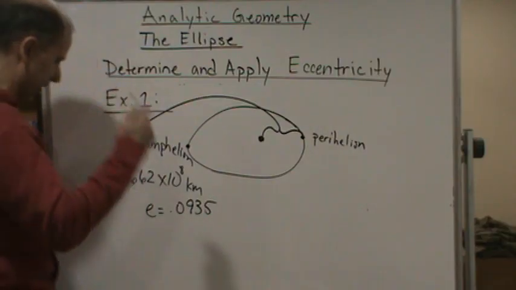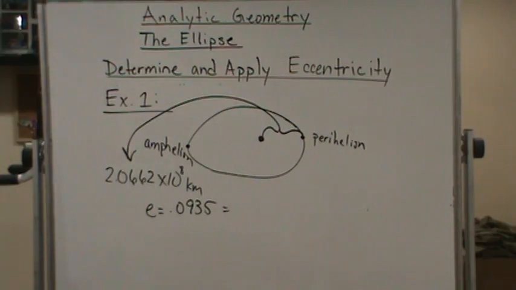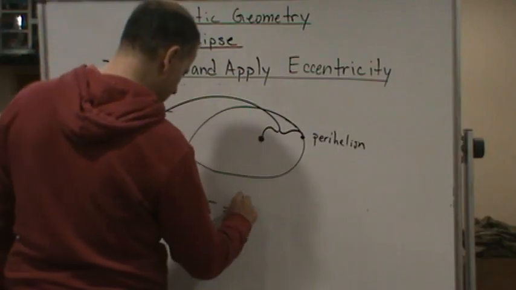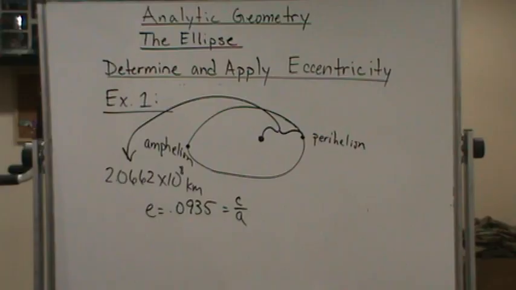We know E by definition is what? It's C divided by A, right? So this is going to equal C divided by A. And how can we use that?